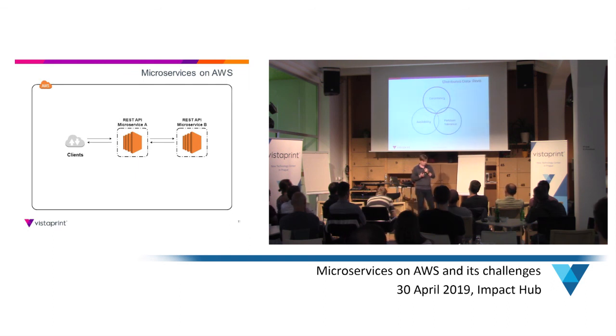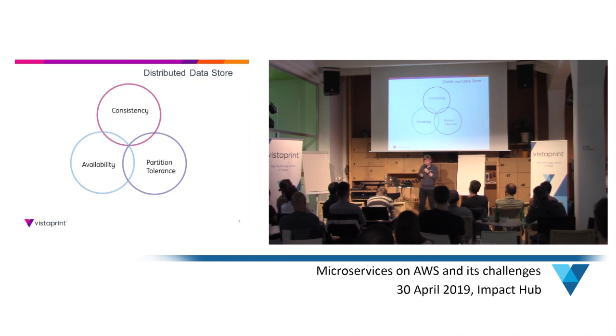Another thing to keep in mind is the CAP theorem, which stands for consistency, availability, partition tolerance. Basically, if you have a distributed store, you can choose only two among three.